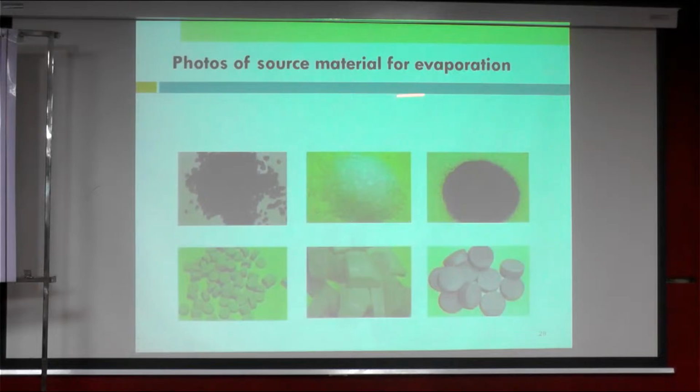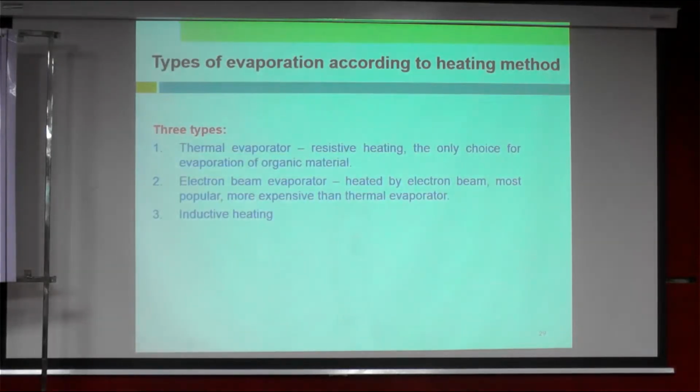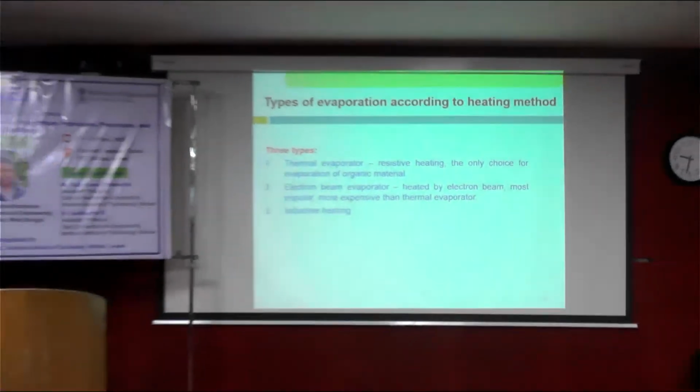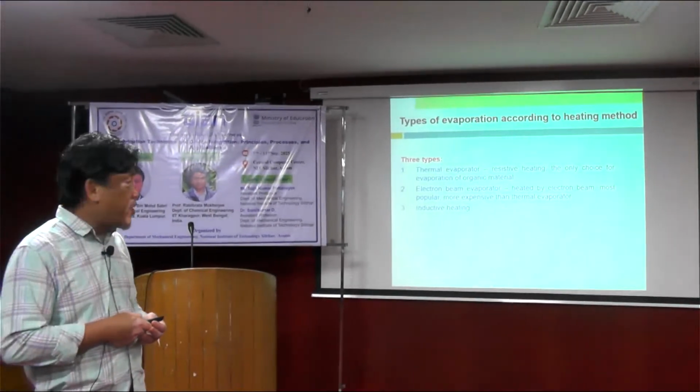This is a typical source of material for evaporation. You can put it in the crucible, then start heating until it evaporates. There are three types of evaporation according to heating method. It's just the different heating methods by which we classify evaporation.